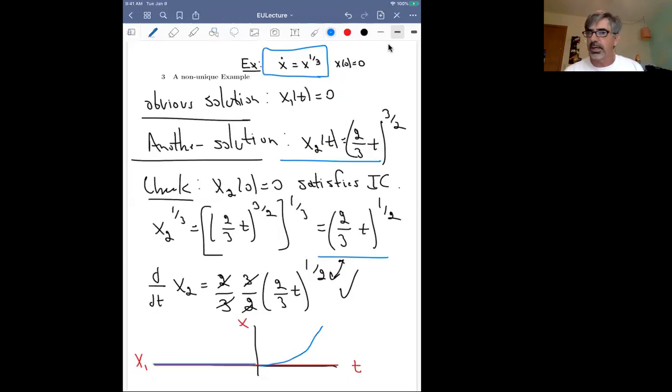So we run into an issue when x is equal to 0 with the differentiability of the given vector field. And that's important for the existence and uniqueness theorem.